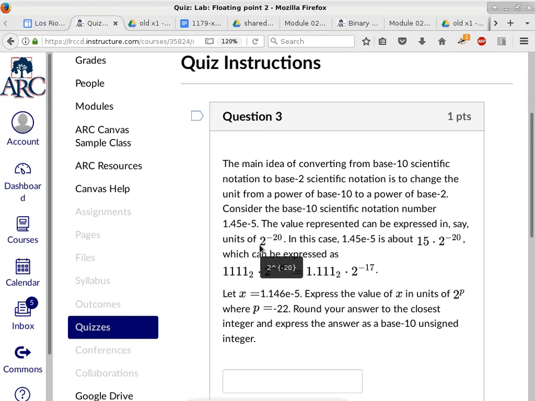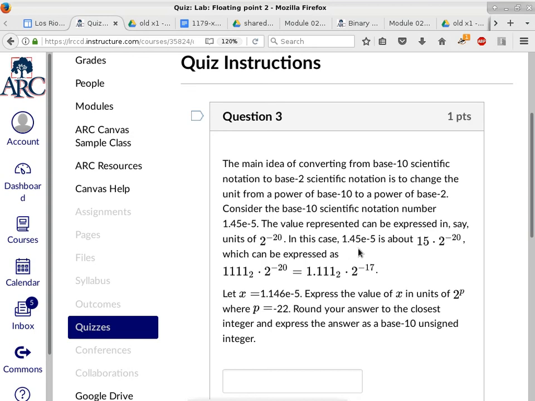To figure out why it is 15, you just do a division. There are approximately 15 units of 2 to the power of -20 in 1.45 times 10 to the power of -5. So it's really just a division.